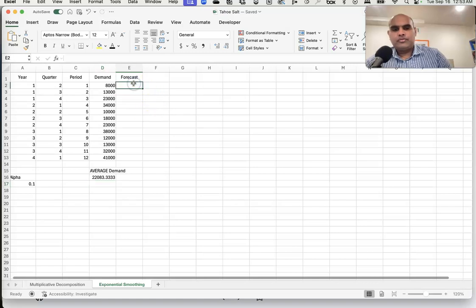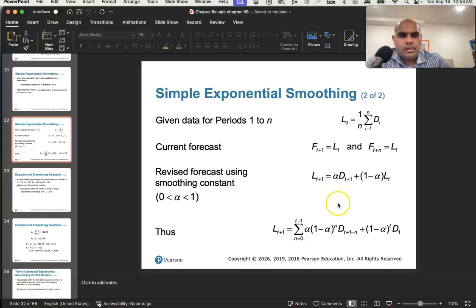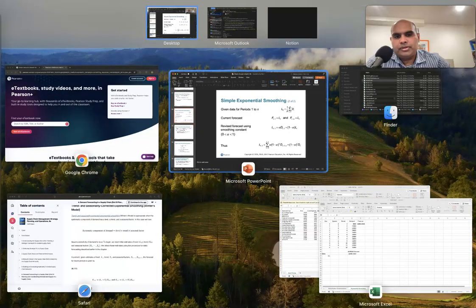And this is going to be the forecast for the first time period. That's the average. So you'll see that here. It's the average demand of all the time periods. So that's the forecast for the first time period.